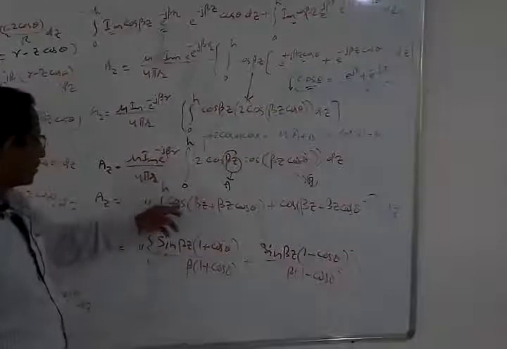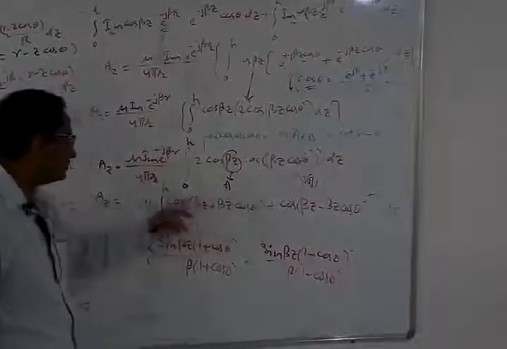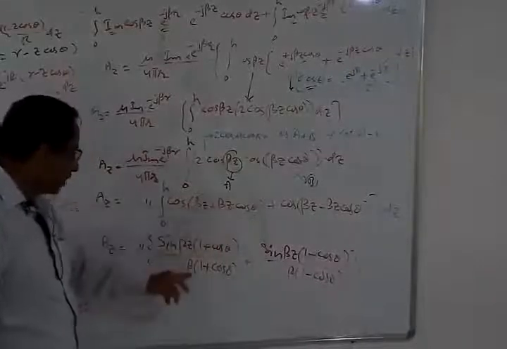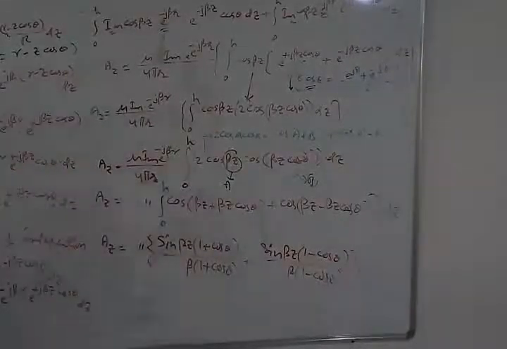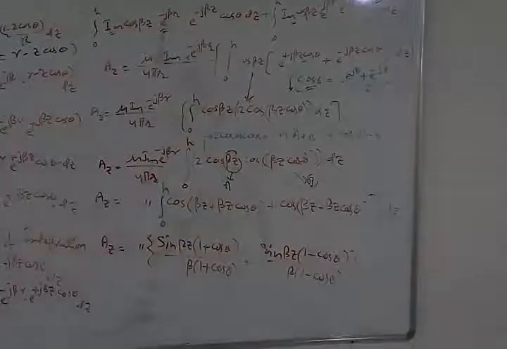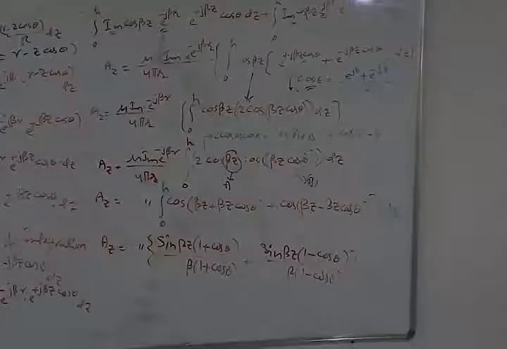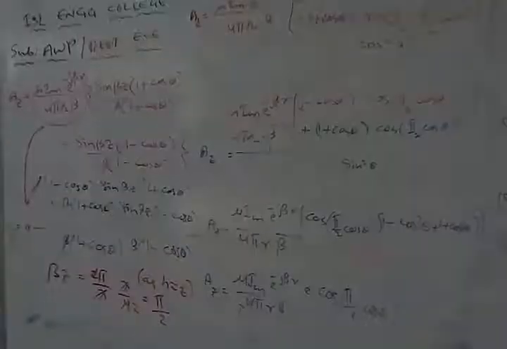So if we integrate cos, we get sine, divided by whatever part you have for the variable. That variable part we are going to get here as beta into 1 minus cos theta. Similarly I can do it for the other part also, that is going to be sine of beta z into 1 minus cos theta by beta into 1 minus cos theta. So that is the equation for potential that we have got.